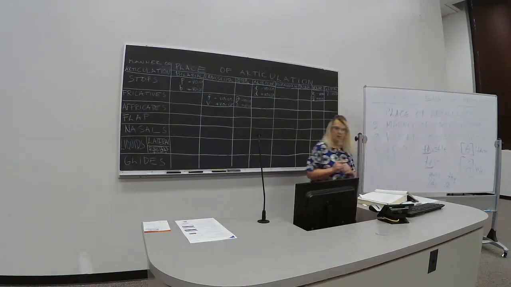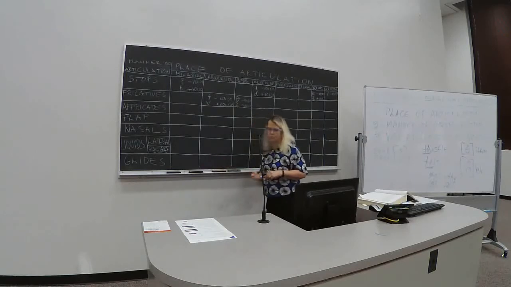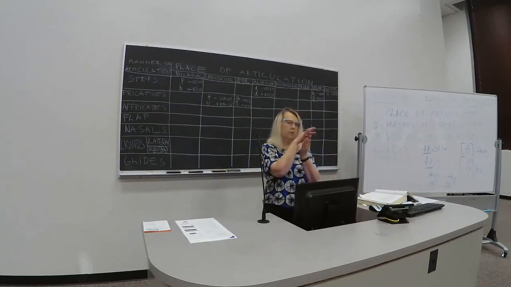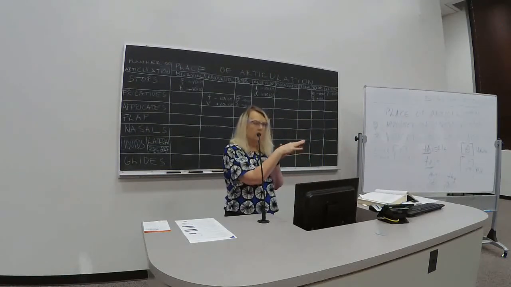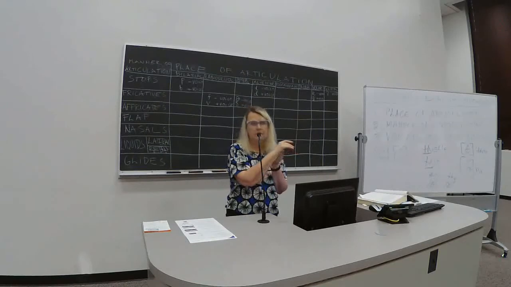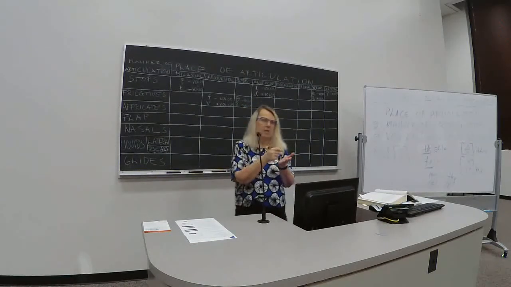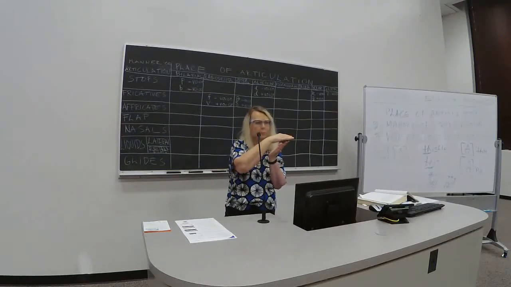Okay, so now to the alveolar ridge, where we can also create sounds. We don't let the tip of the tongue touch the alveolar ridge, like for t and d, where the tongue actually touches, but the tongue approaches the alveolar ridge, and we leave a little place for the air to go through.